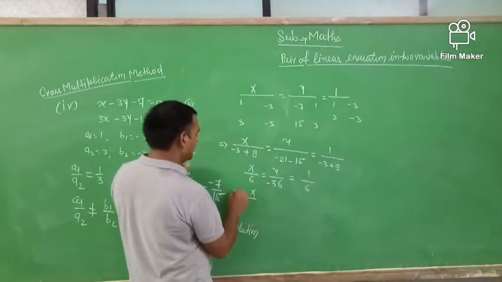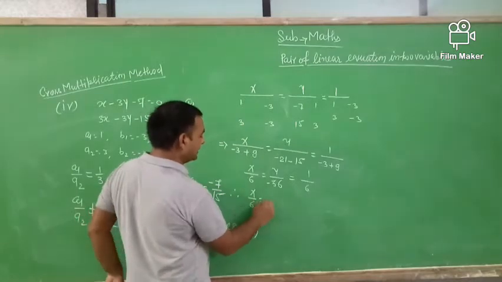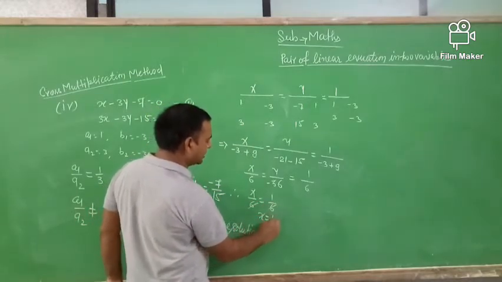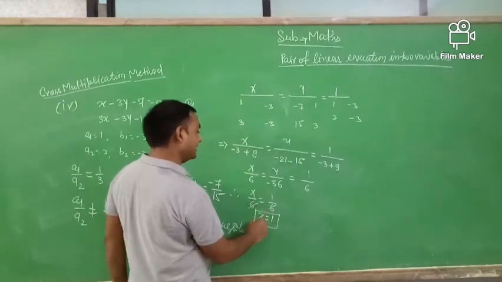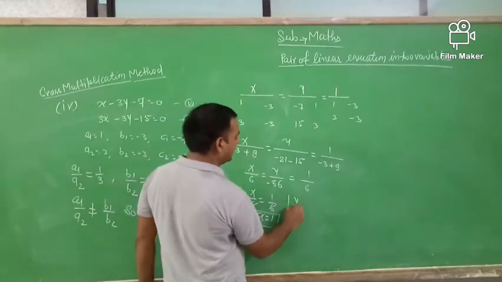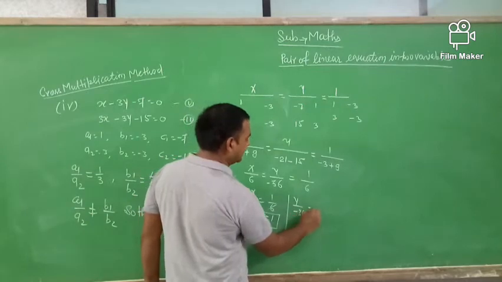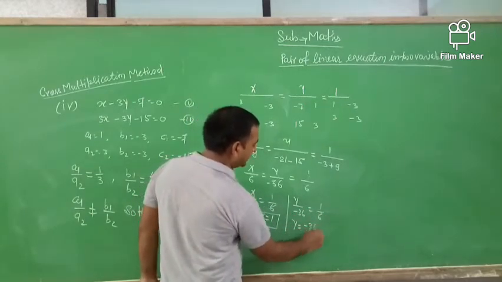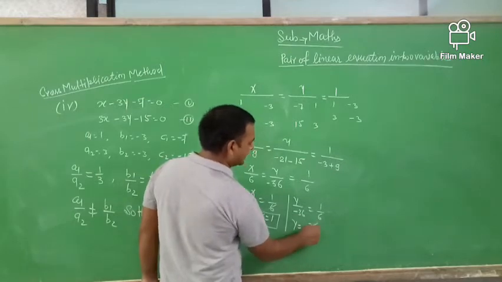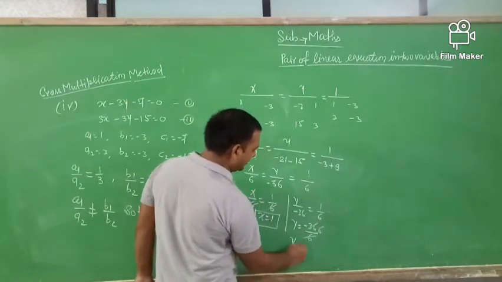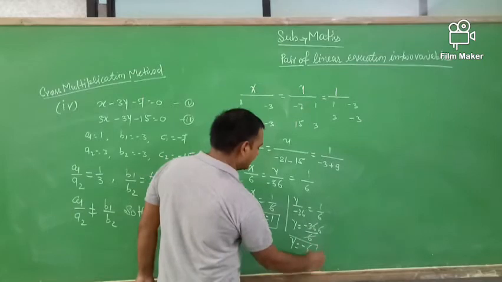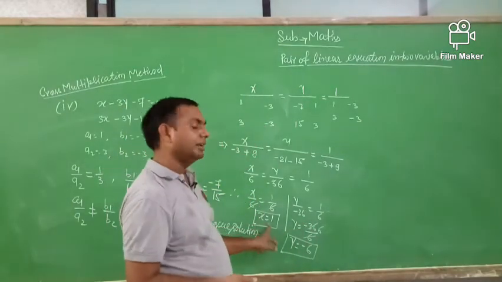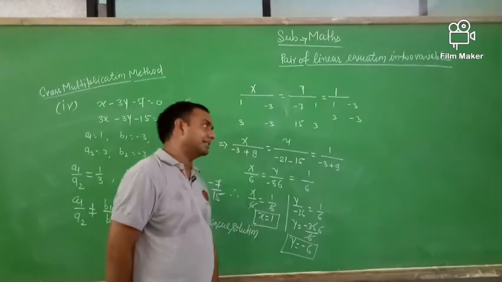Therefore, x upon 6 is equal to 1 upon 6, 6 cancels 6, so x is equal to 1. In the second condition, y upon minus 36 is equal to 1 upon 6, so y is equal to minus 36 upon 6, 6 6s are 36, so y is equal to minus 6. Therefore, the solution of this equation is x equal to 1 and y equal to minus 6.